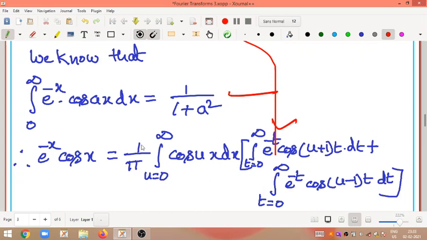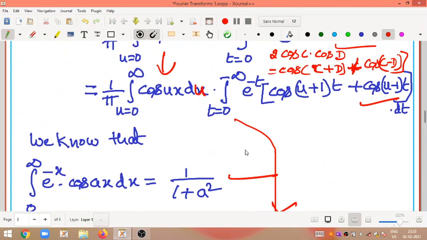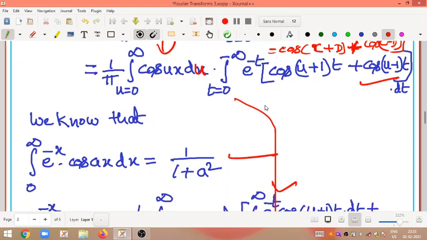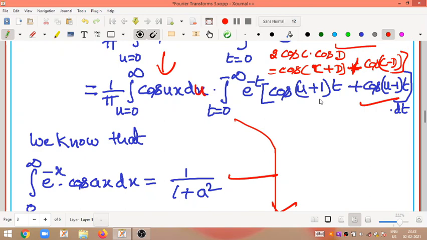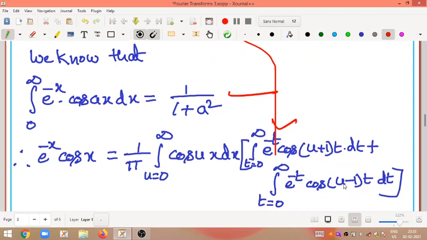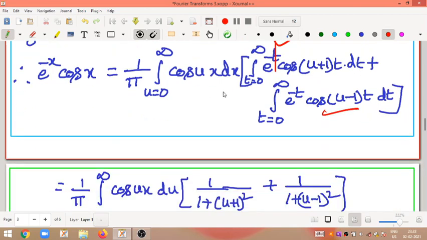So 1 by pi into integral 0 to infinity cos ux into dx, into this function, integral 0 to infinity, this value cos of u plus 1 into t dt plus e power minus t into cos of u minus 1 into t dt value, like this way it will come.